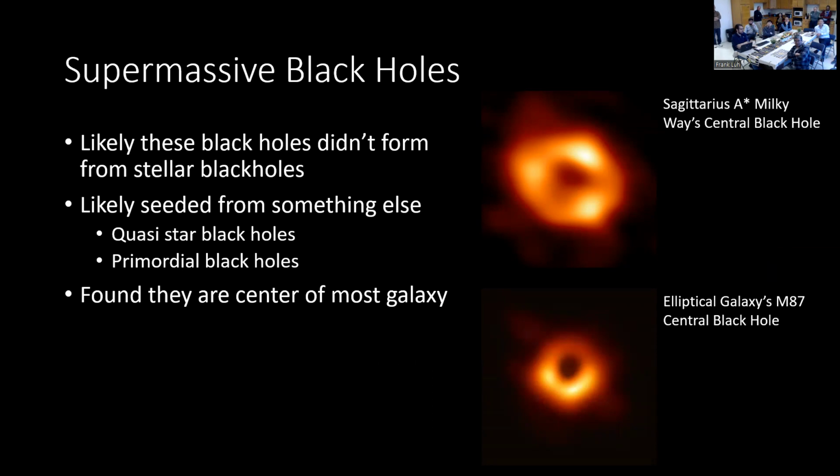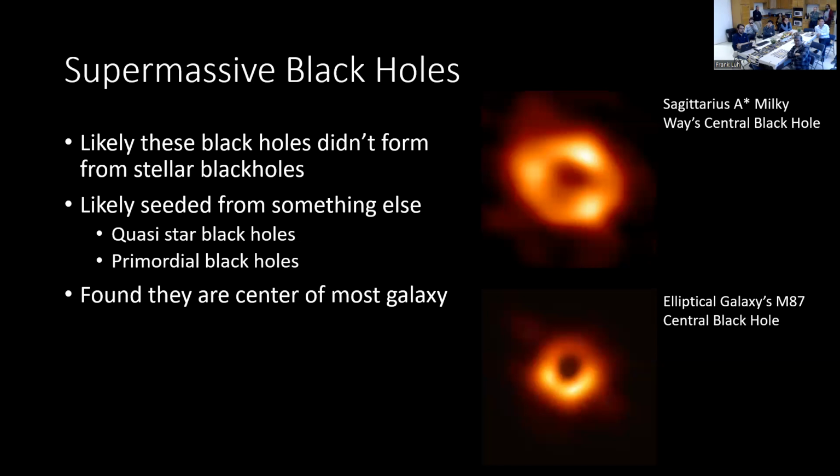Basically, there hasn't been enough time in the life of the universe for them to accrete enough matter to get to the size that they are. These black holes are in the range of millions to billions, even trillions of times the mass of the sun. So these are gigantic, with event horizons that can reach, literally, you can fit the entire solar system inside the event horizon. That's how big these things are.